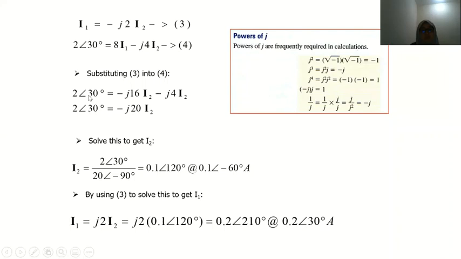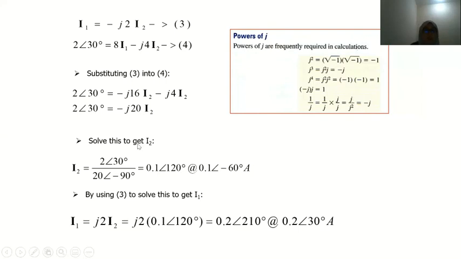Finally you will get 2 with 30 degree angle equivalent to minus j16I2 minus j4I2, which gives you 2 with 30 degree angle equivalent to minus j20I2.